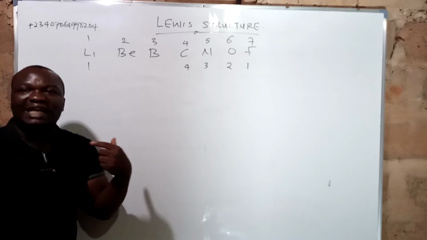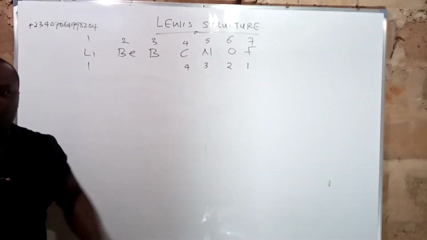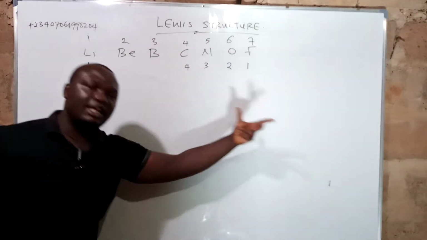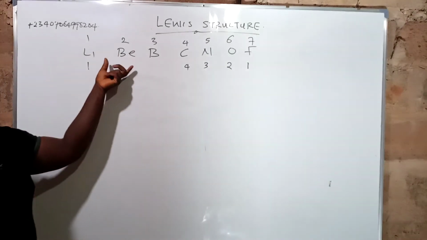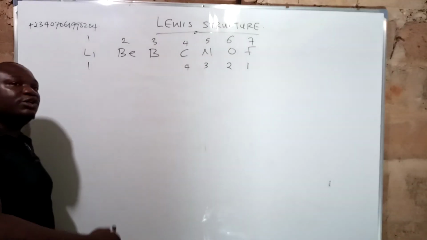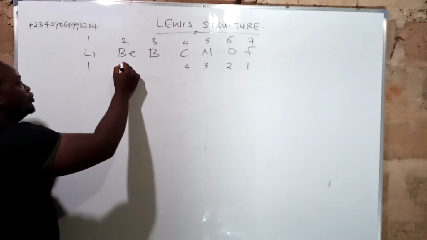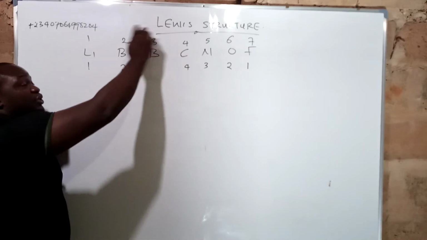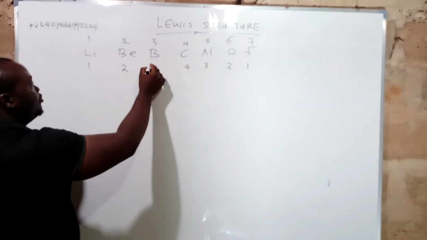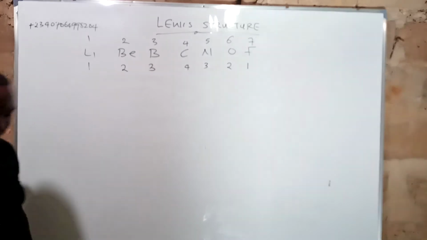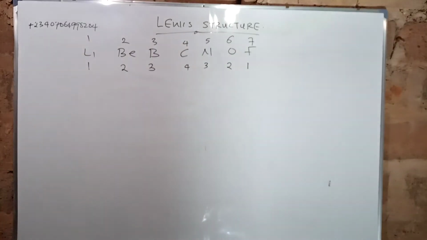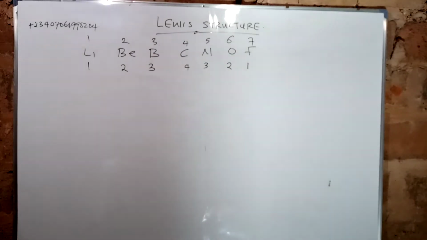Beryllium will not accept, it will give out. Remember, metals give out electrons. So it's going to give out these 2 electrons. Therefore, the number of bonds this can form is what? 2. This will also give out electrons. The number of bonds it can form is 3. Good. Now, remember, I want to summarize Lewis structure in a few minutes.